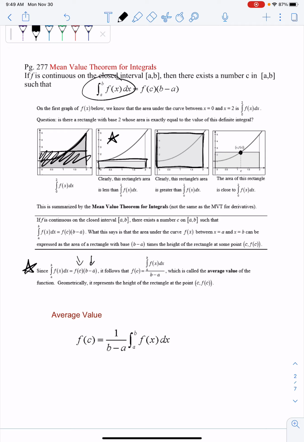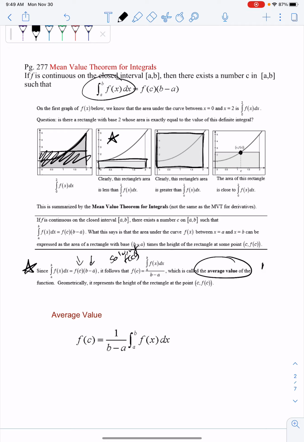So I'm solving for f of c to get the value by itself. So f of c is equal to the integral from a to b of f of x dx divided by the width of that rectangle. I'm just playing with the algebra a little bit. But this is called our average value.